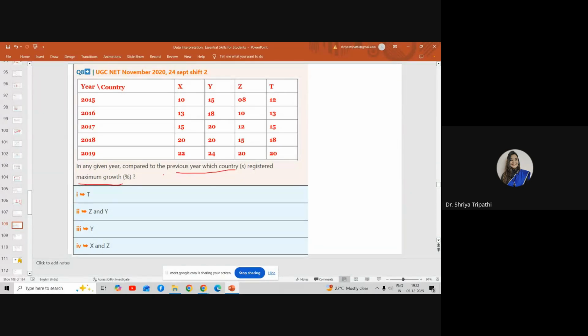Which country registered the maximum growth? Solve it.